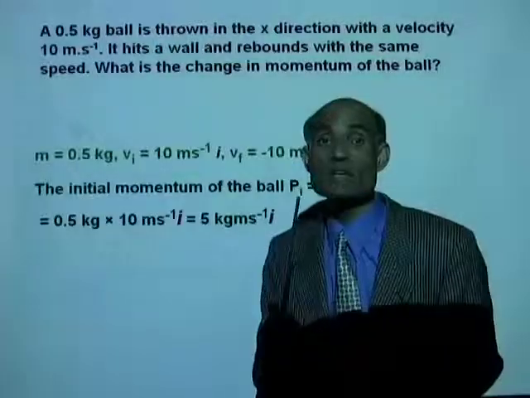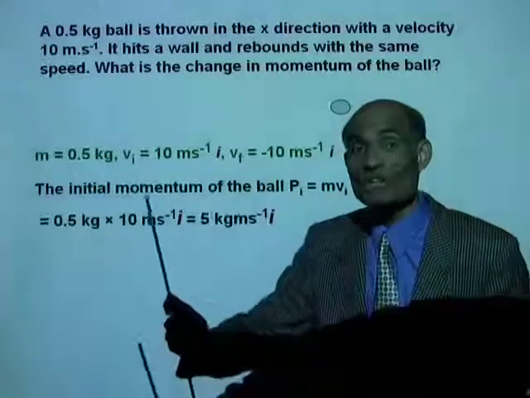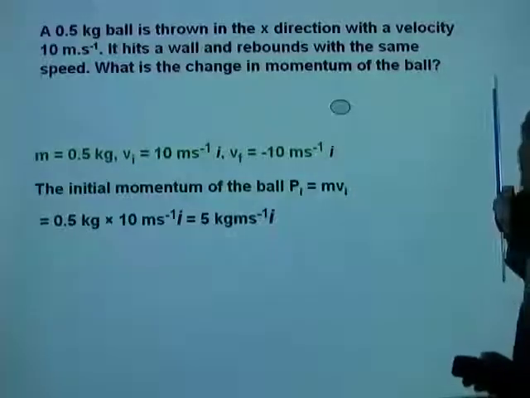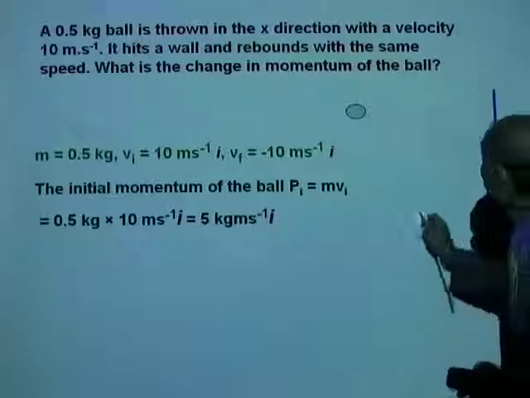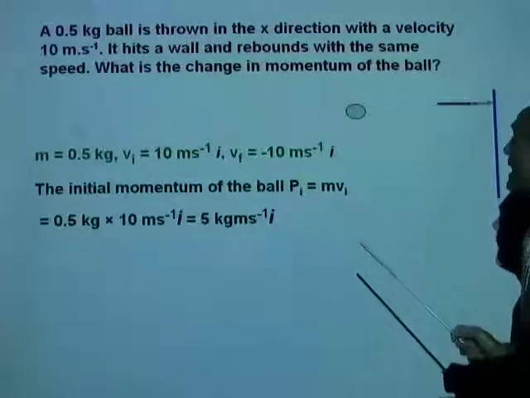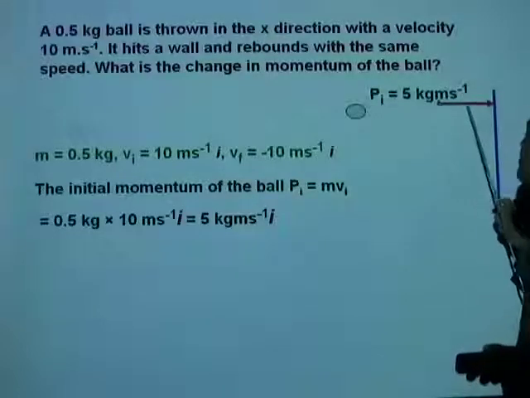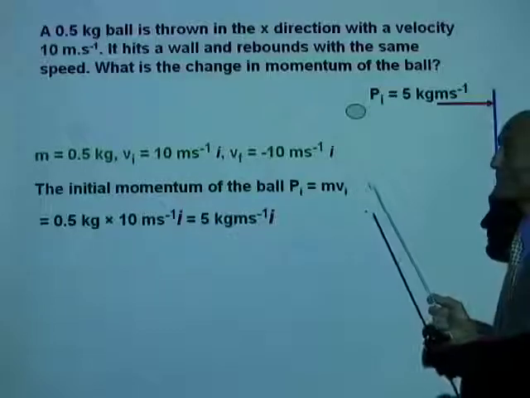The initial momentum is 5 kilogram meter per second in the positive x direction. Alright, this is the wall, and look what happened. The ball came, hit the wall and went back.